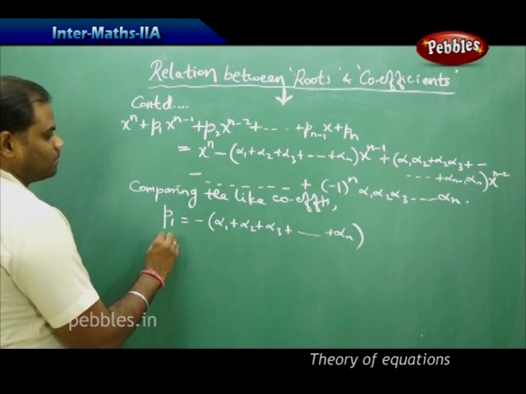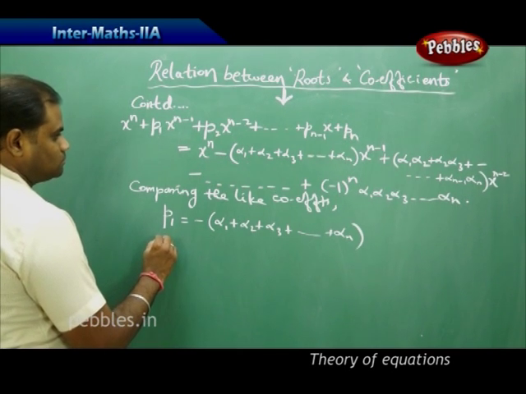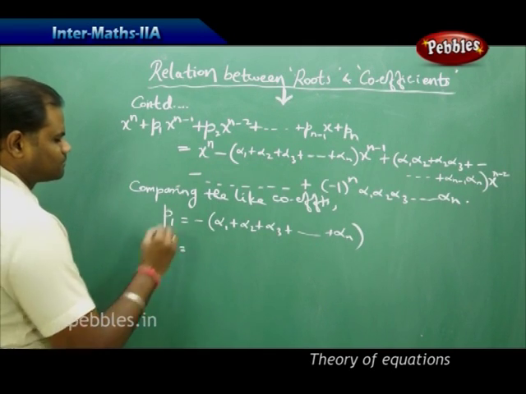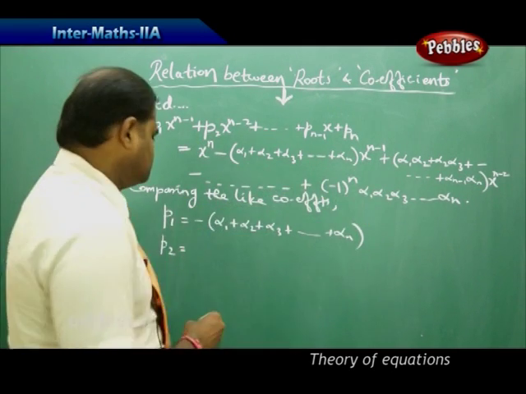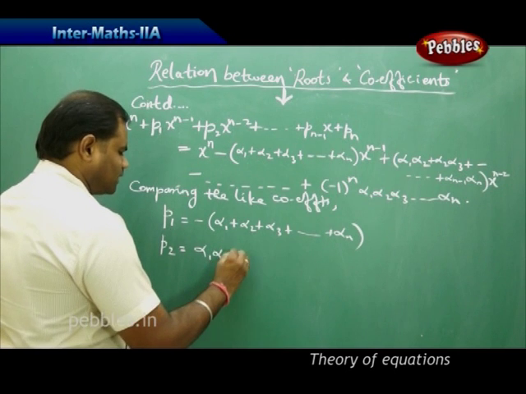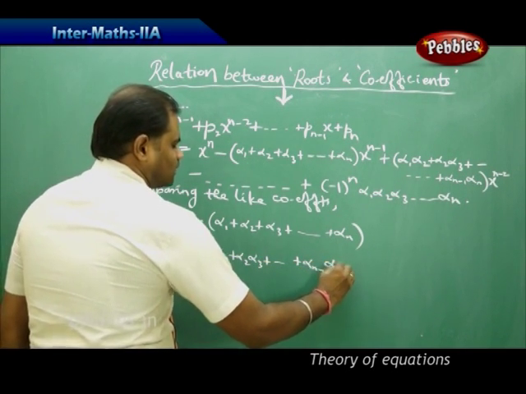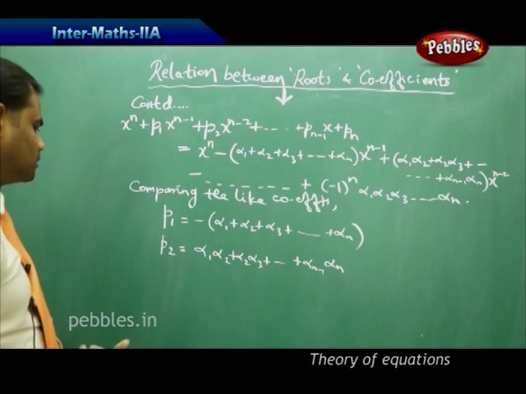Next, my P2 is nothing but alpha 1 alpha 2 plus alpha 2 alpha 3 till alpha n minus 1 alpha n, is what I get for this.